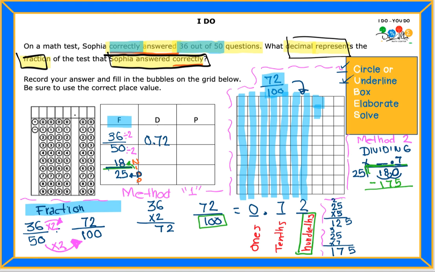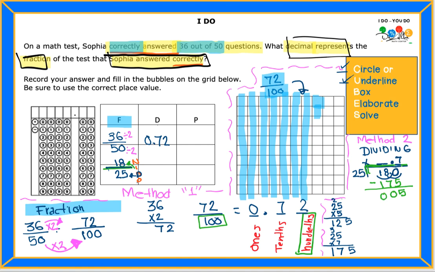And I'm just going to look at the big numbers. If I have 180 and I take away 175, what is the difference? In other words, if I have 175, how many more do I need to get to 180? Yes, the answer is only 5 units. So that's basically our answer.